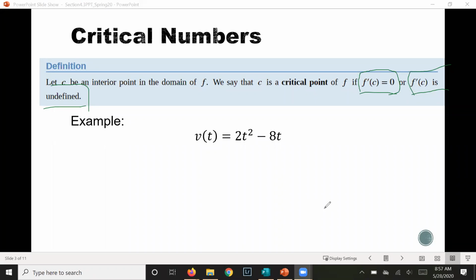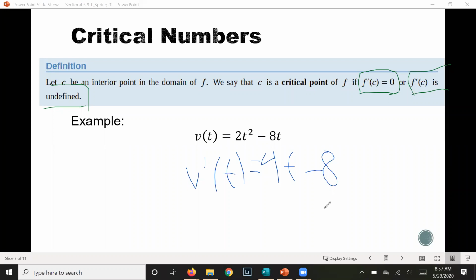Let's do an example of finding the critical numbers for this function. We have v(t) = 2t² − 8t. Critical numbers have to do with the derivative, so the first thing we should do is take the derivative. We find v'(t) = 4t − 8, using the power rule.